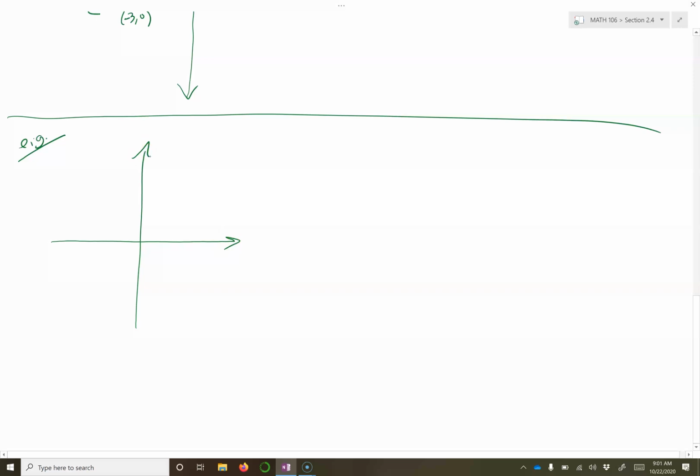Also, if we have functions, instead of labeling y on the vertical axis, you'll put f of x, or whatever the definition is there. So let's say we had something like this.